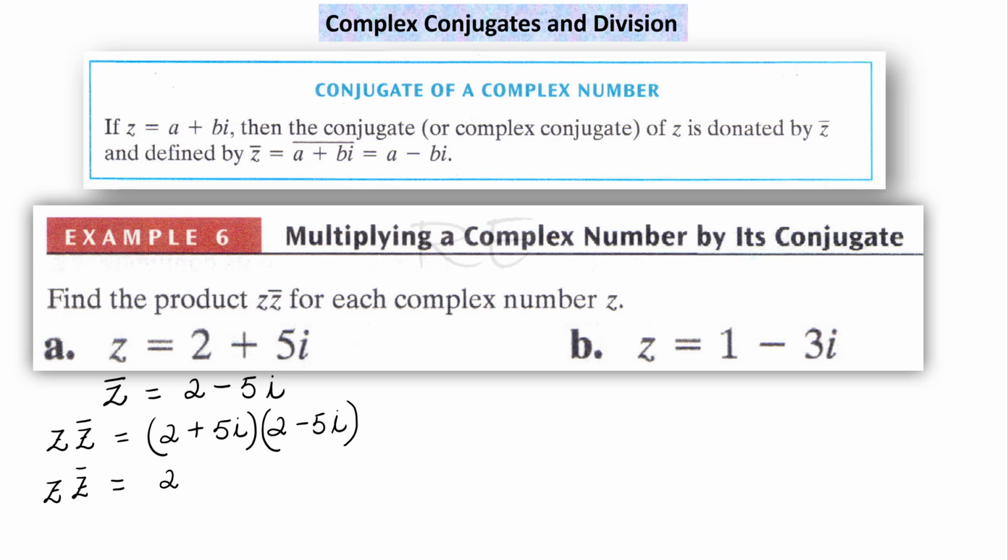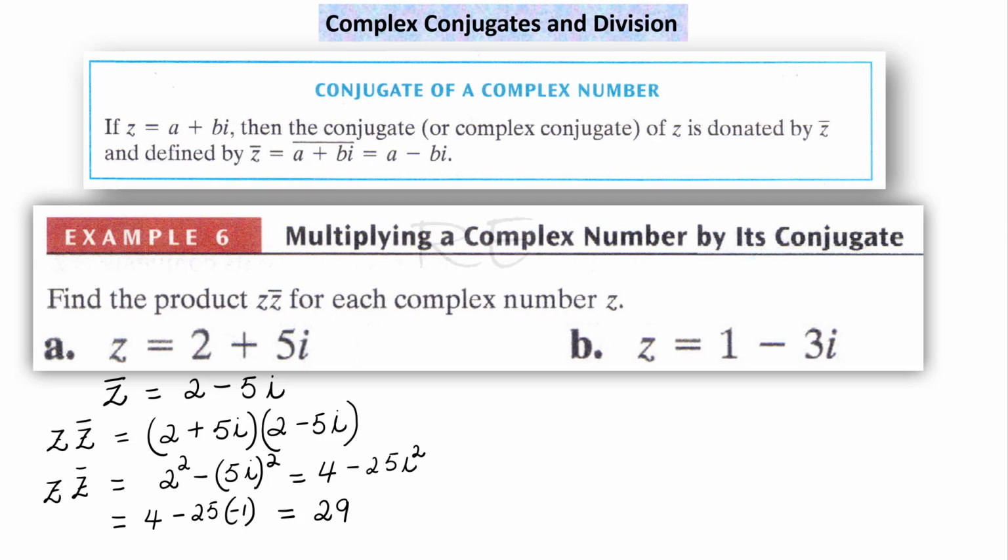It's going to be 2 squared minus (5i) squared between parentheses, which is really 4 minus 5 squared, which is 25, i squared. And since i squared is equal to -1, we're going to have 4 minus 25 times -1, which is 4 plus 25, which is 29.